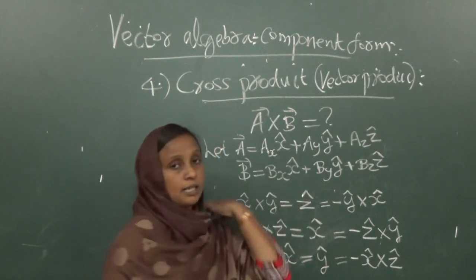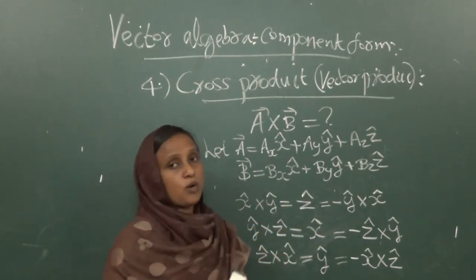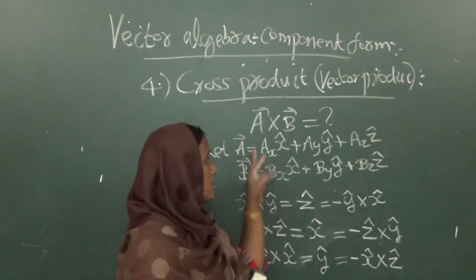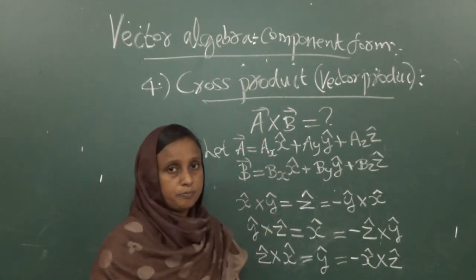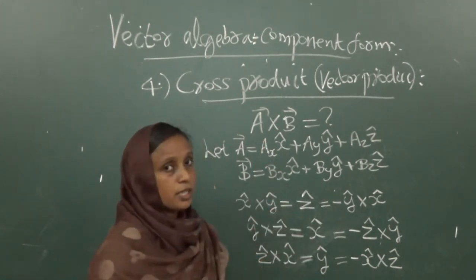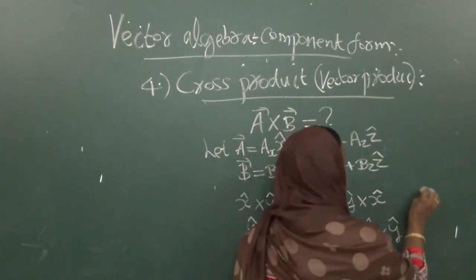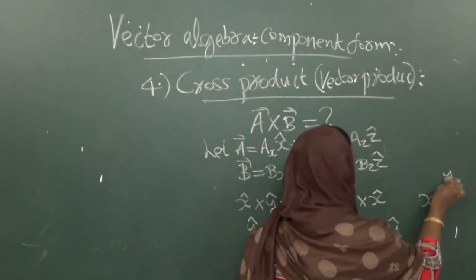Using this result, we can find out how to represent A cross B. Here, to write this, you can remember a cyclic chart like this.